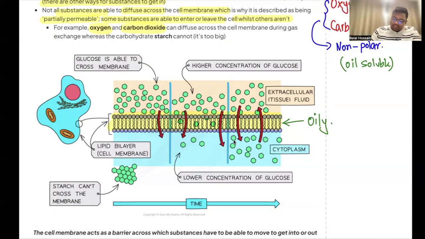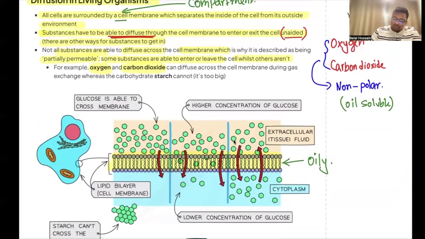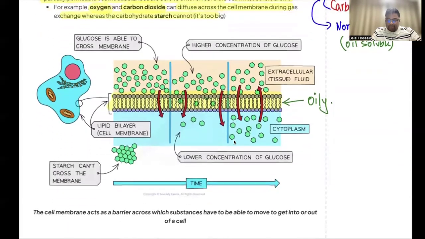But since these gases are non-polar, they are oil soluble, so they can pass through the cell membrane very easily. So here, oxygen and carbon dioxide can diffuse across the cell membrane during gas exchange, whereas the carbohydrates and starch cannot. They're too big. So here is an example of it shown in the picture.